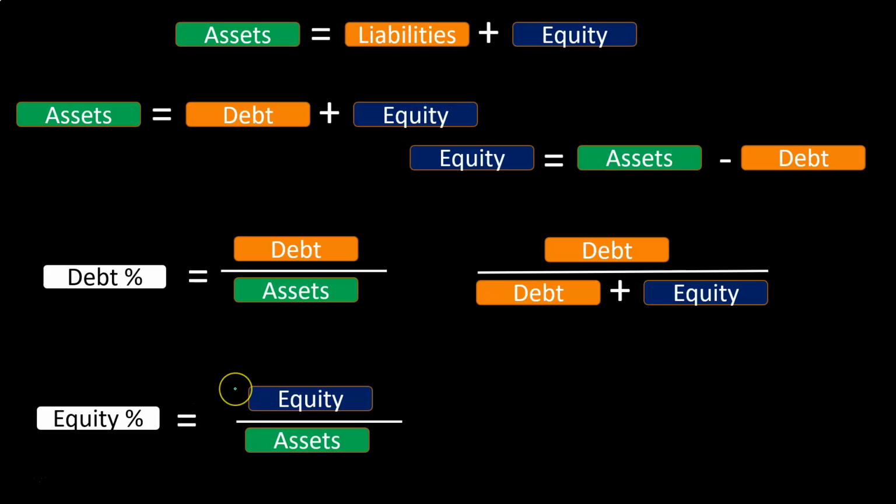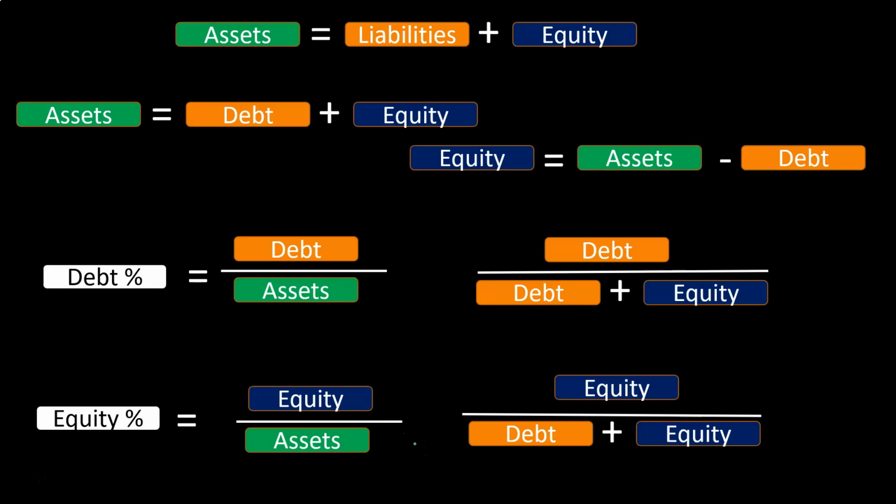If we think about the equity percent, it would be equity over assets, simply rewriting our equation in terms of debt over assets and then equity over assets. The two of those have to equal 100%. And equity over assets is equivalent to saying equity over debt plus equity, because once again, debt plus equity is assets. Assets equal debt plus equity.